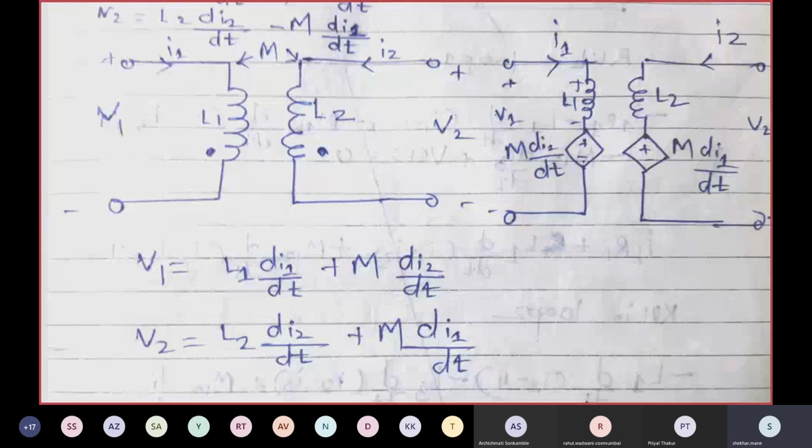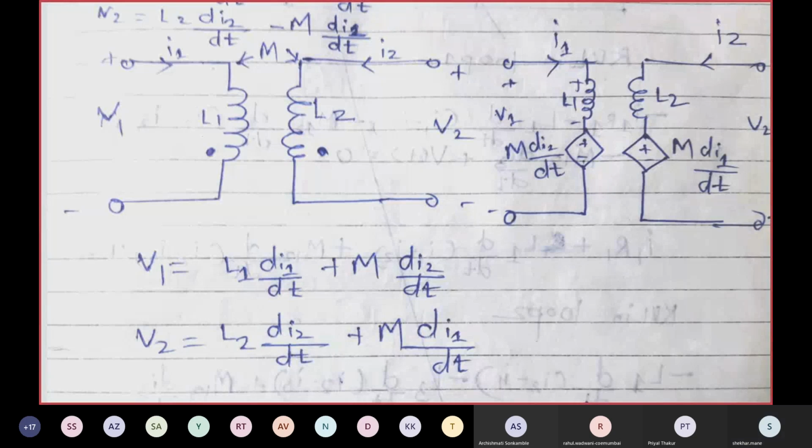What was it earlier? In the earlier case, both the dots were at the upper side, so we can say currents are entering into the coil. And here, currents are coming out of the coil. So in both the cases, the directions are same. That's why in this case also, the polarity of mutually induced EMF is same as self-induced EMF.